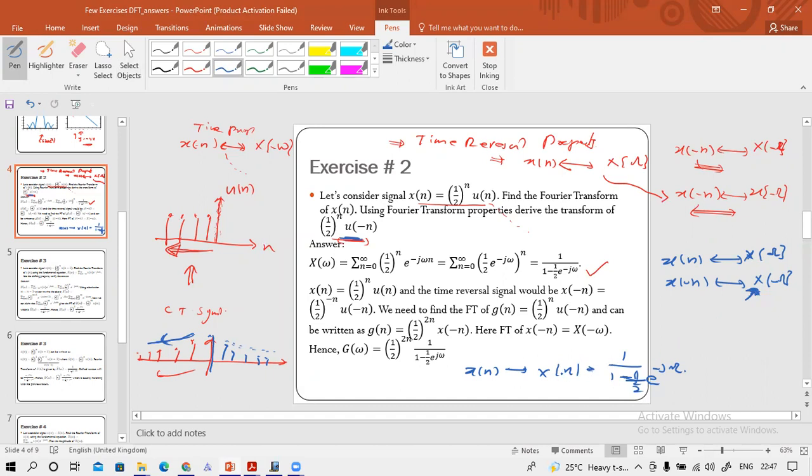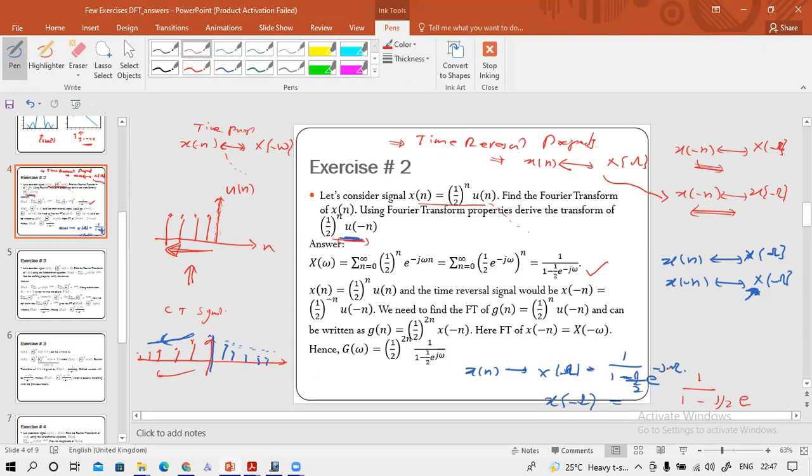So this X(omega) you already know. So you have to find X(-omega), that is the time reversal of this. So it is half e to the power minus j omega. Here it is minus omega.